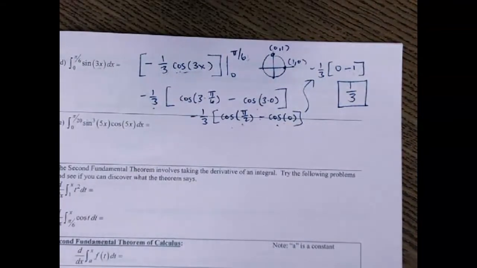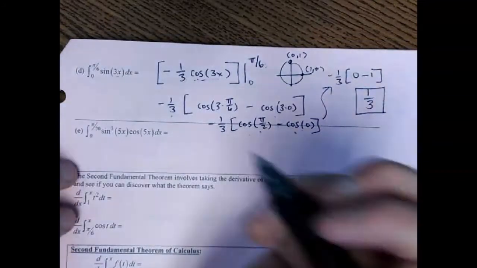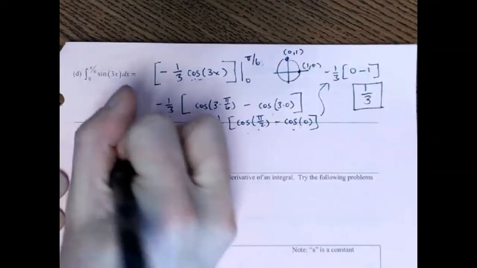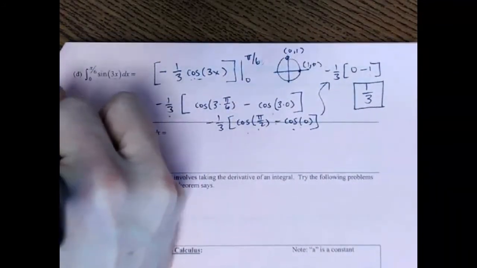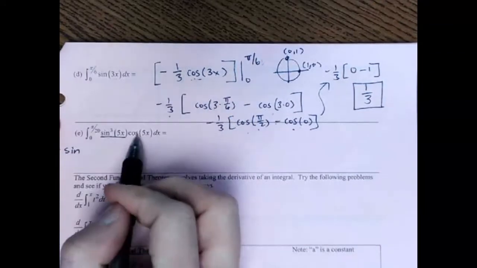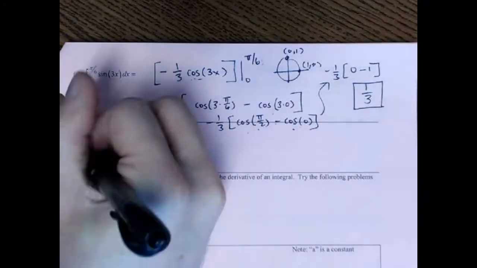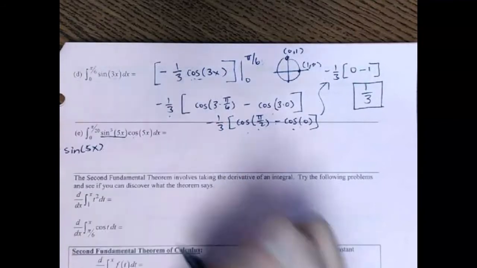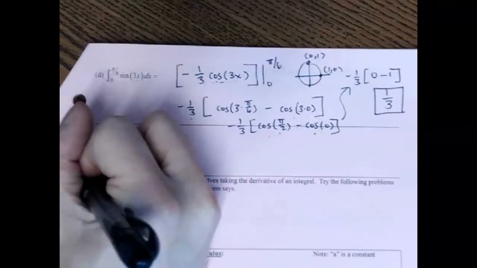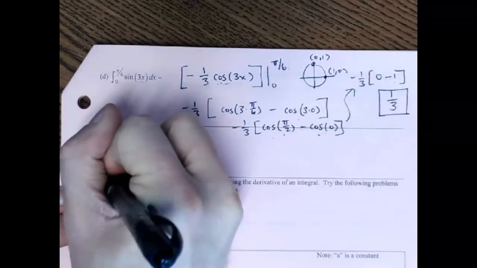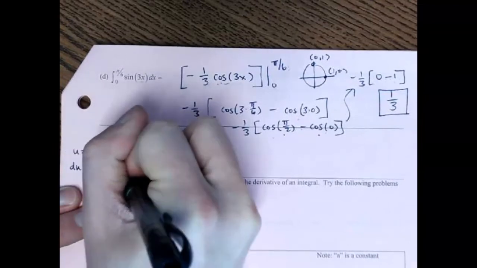Okay, and then the last one, which is also going to be a u substitution question. Here I would set this piece as the u. So I'd have sine, not sine cubed. We only have one extra cosine, so just one of the sines. Sine of 5x is u. So then du should be 5 cosine 5x dx.